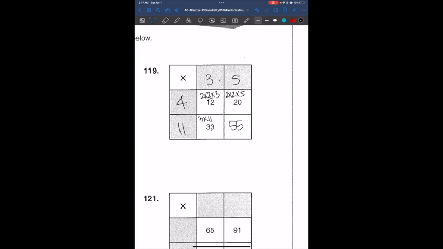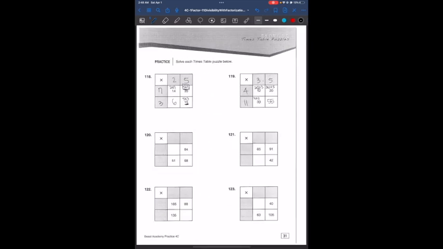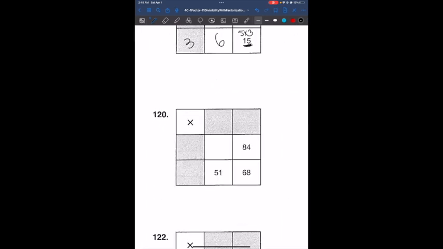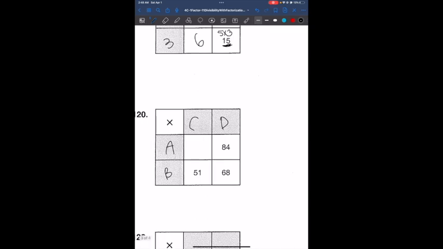And then for 120, we're going to fill in A, B, C, D once more. 84 can be expressed, if we do prime factorization, as 2 times 2 times 3 times 7.